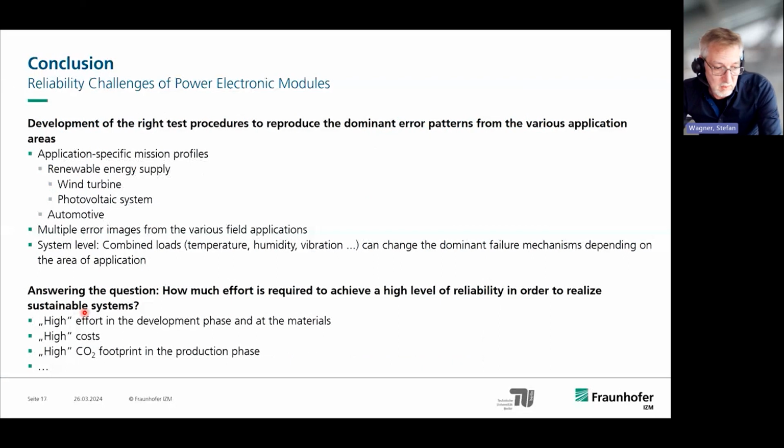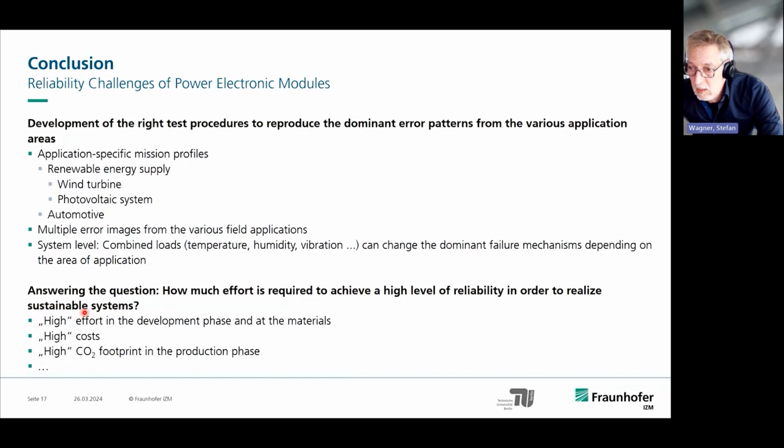And this brings me to the end of my talk, and I hope I have this conclusion. One of the biggest challenges in reliability testing is the development of the right test procedures to reproduce the dominant error patterns from the various application areas.